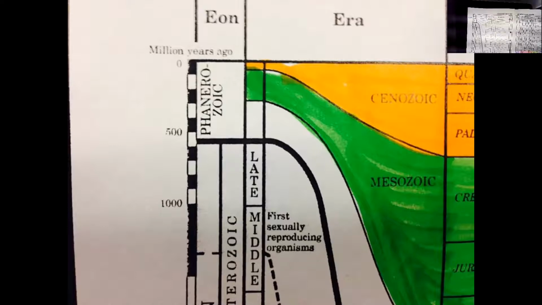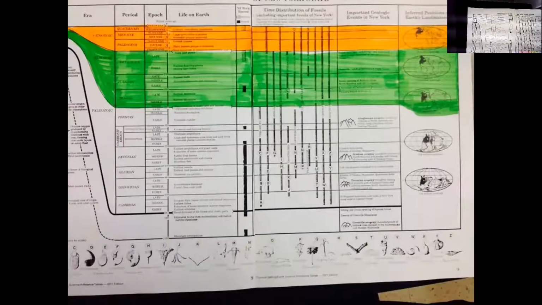So right now you're coloring the Mesozoic era. The Mesozoic era gets broken up into those 3 periods: the Cretaceous, the Jurassic, and the Triassic. And you're going to go all the way across the paper. And this time it does include both globes at the end. So there's 2 globes for this one.